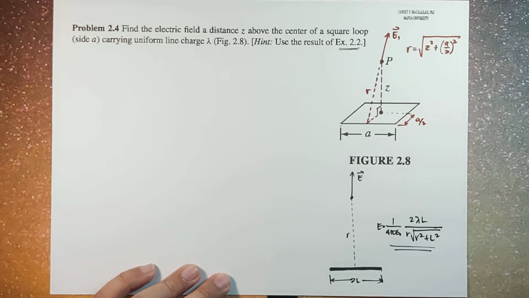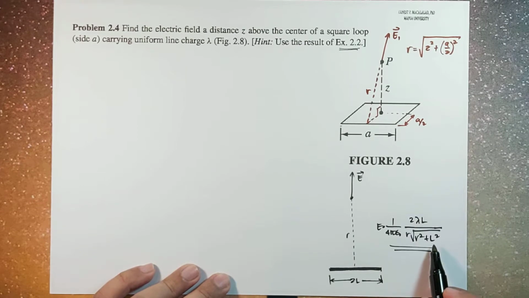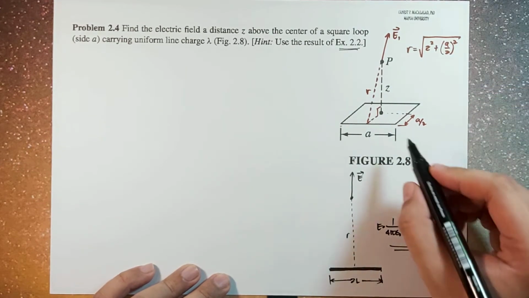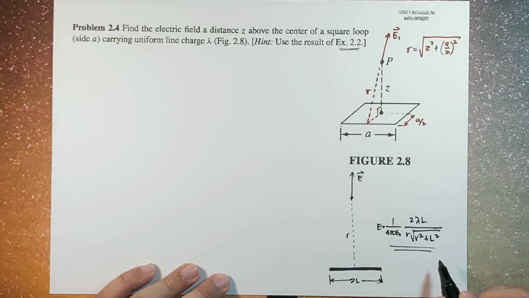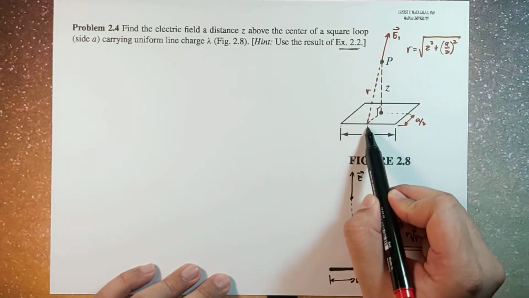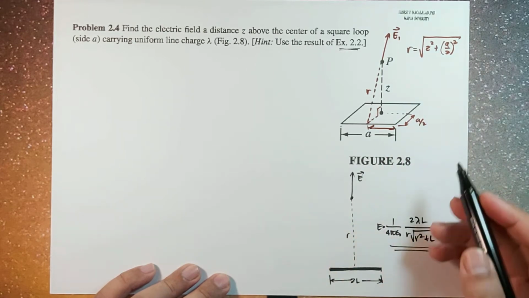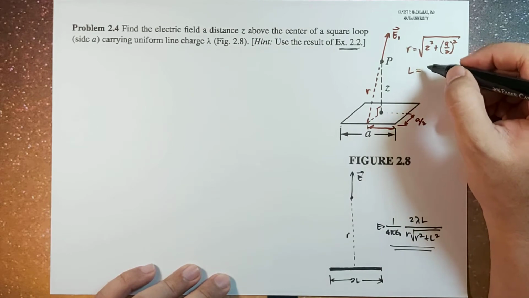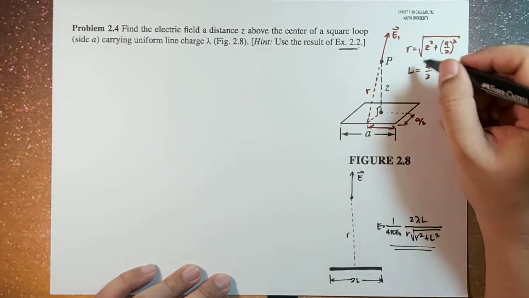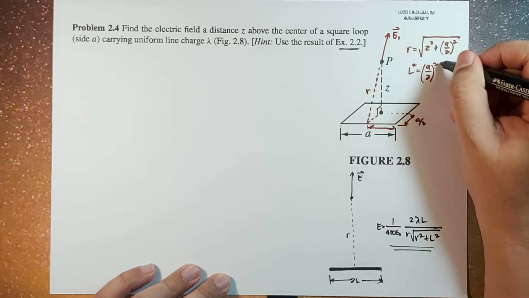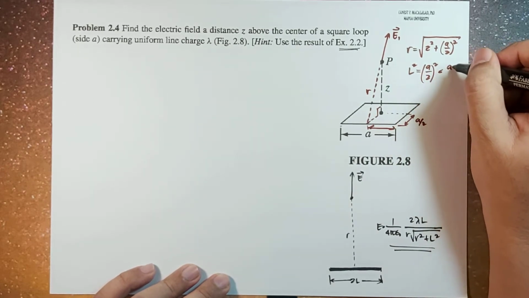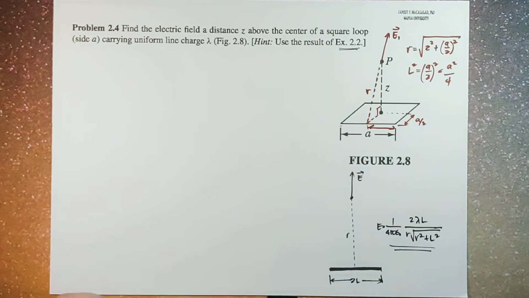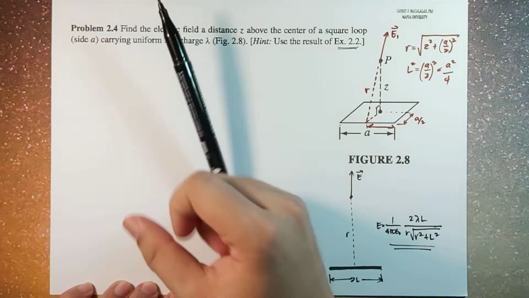The L here, in this expression, will also be equal to A over 2. So that L squared will be A squared over 4.